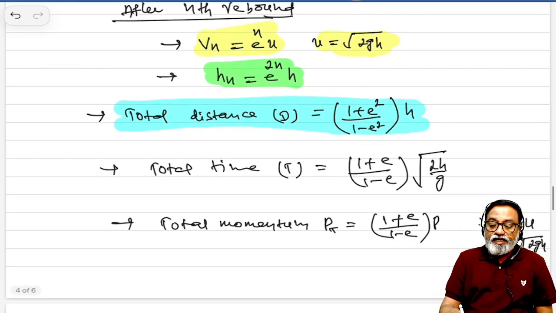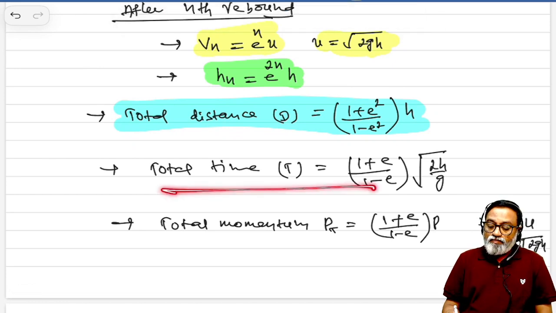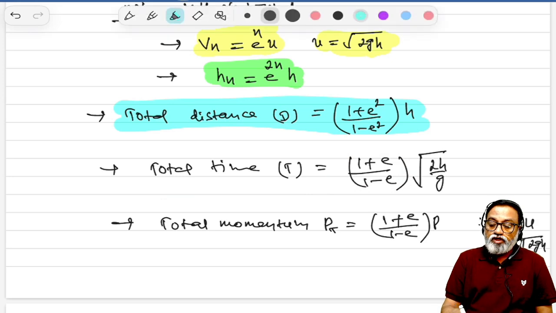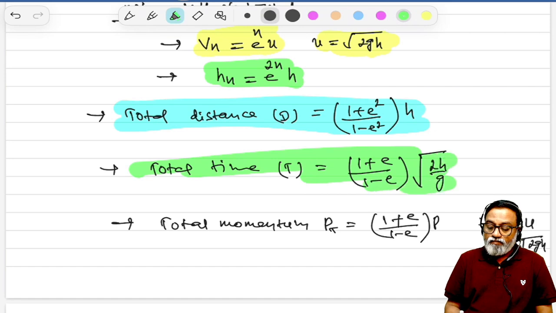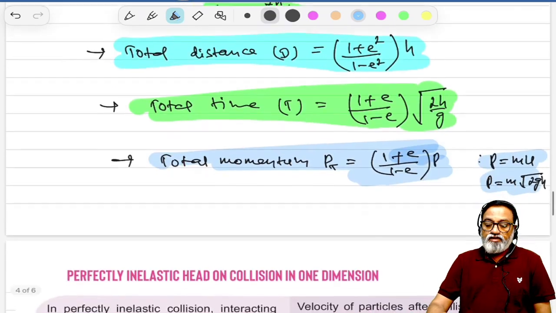Why is the displacement h? Because it is falling from a height h and finally comes to rest on the ground. And total time taken, see, this is (1 plus e) by (1 minus e) into square root of 2h by g, and this is the total time taken. And the momentum imparted to the ground, that momentum is equal to total momentum (1 plus e) by (1 minus e) into p, where p is the initial momentum, that is m into u. Therefore, p is equal to m into square root of 2gh.